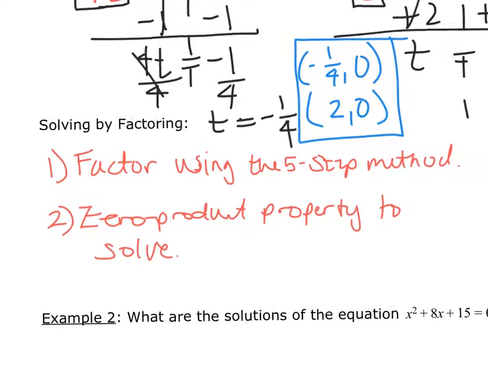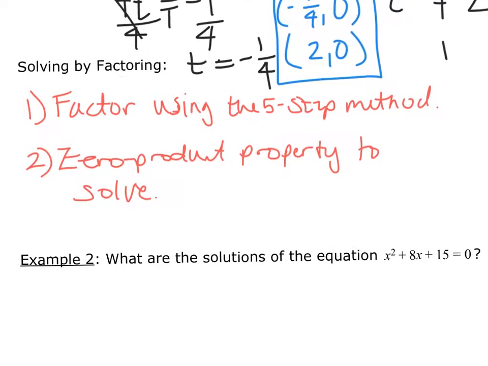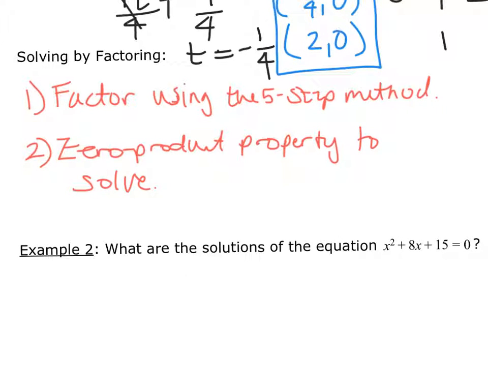All right, let's try it. I'm going to scoot this up just a smidge. So example 2 says, what are the solutions for my equation x squared plus 8x plus 15 equals 0?